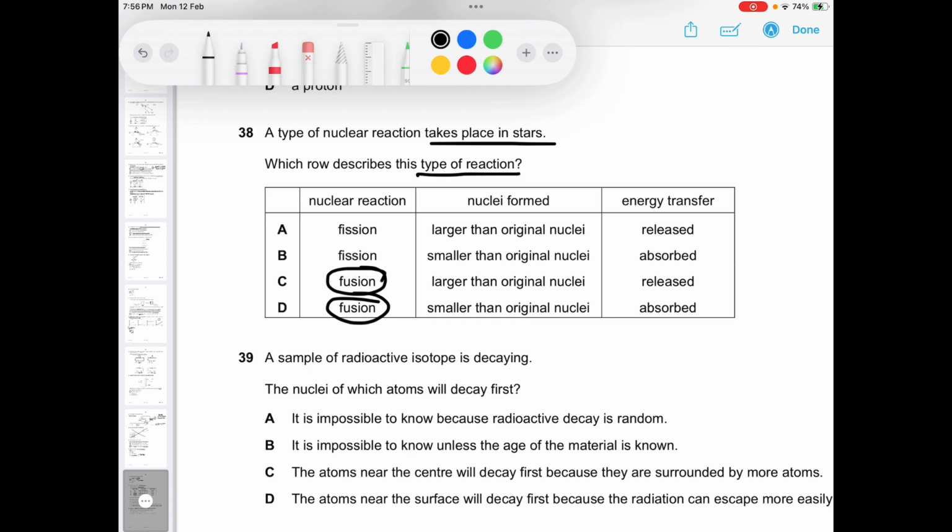So it is nuclear fusion. The nucleus formed is larger than the original nuclei, and obviously energy is released, not absorbed. The sun releases energy. So the answer is C.